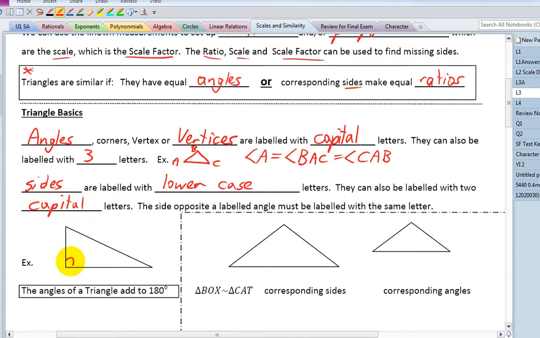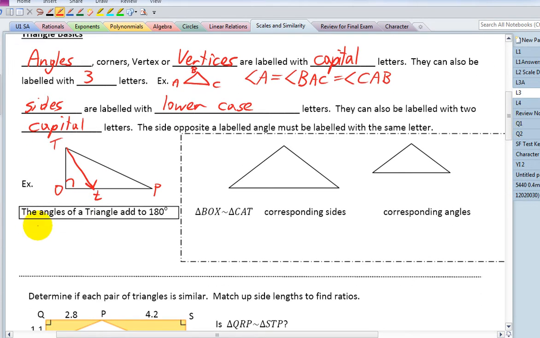So here, if I have triangle TOP, if capital T is in the top corner, put your pencil there and draw an arrow to the opposite side. That side must be called little t. Okay. Now, little t also equals what other name? OP as 2 capital letters.